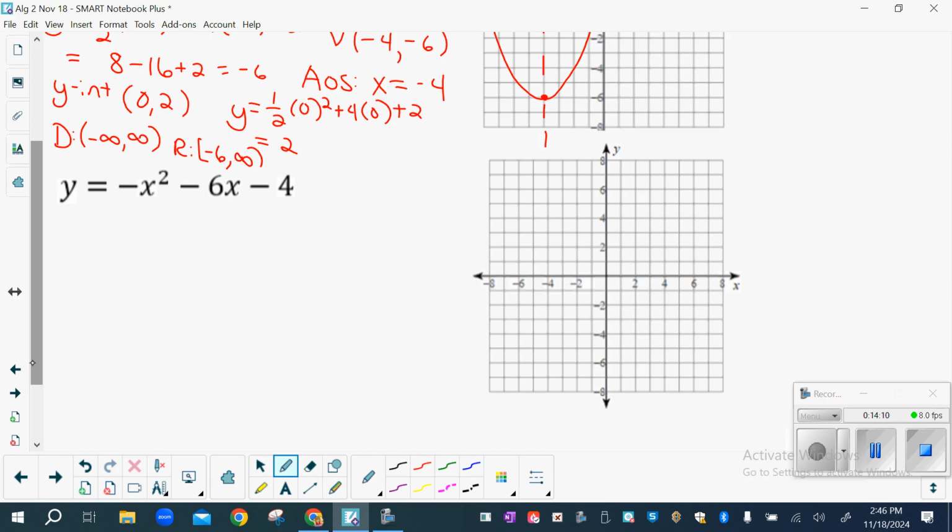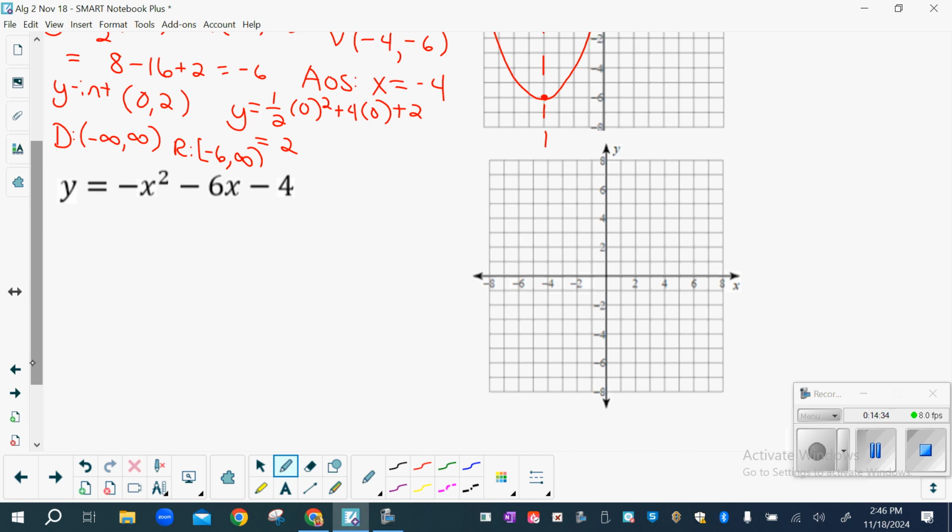Where'd you get squared? I just asked you to square. -1 times 2. Where are you getting domain and range?